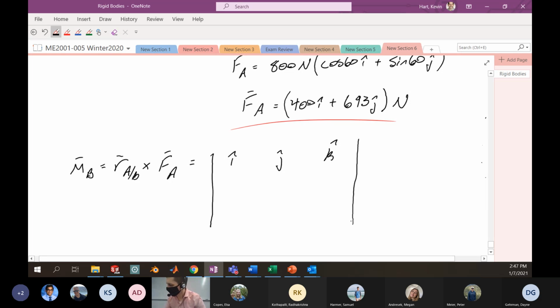So I have negative 200 I hat, 160 J hat, and 0 K hat for my position vector. A lot of times it helps to put the units on the back end of the determinant form. And then my force at A is 400, 693, 0 newtons.